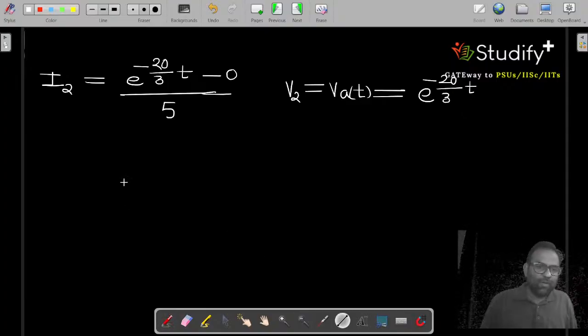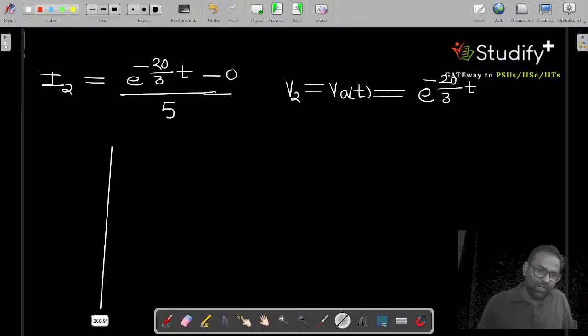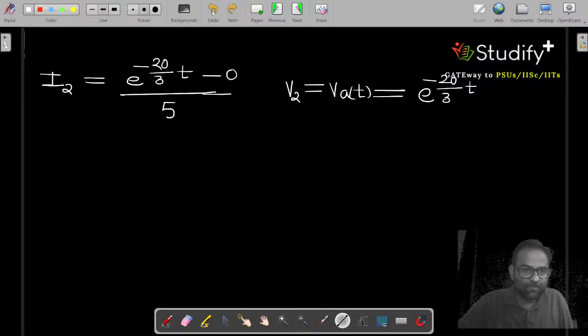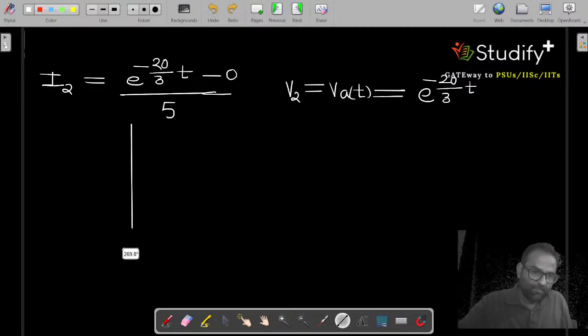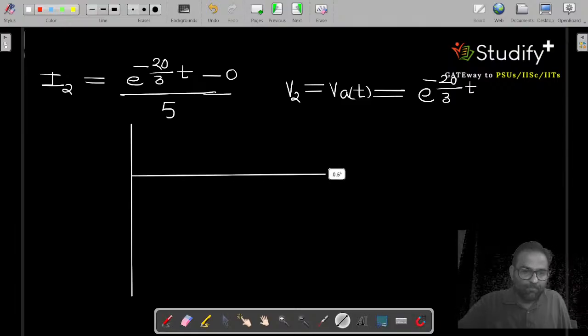If I draw the waveform across I2 and V2, how do I2 and V2 look? If I draw first, the voltage waveform will look like this.